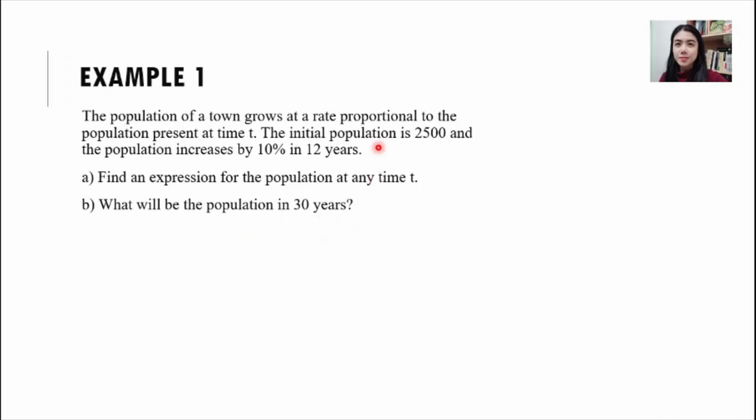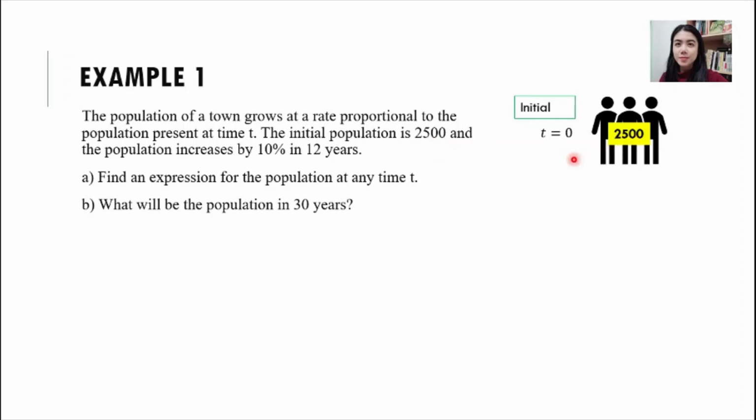And first of all, let's just gather the information from this example. The first information that we could get is the initial population is 2,500. The initial here means that your time t is actually equal to 0, and it says that the population is 2,500.